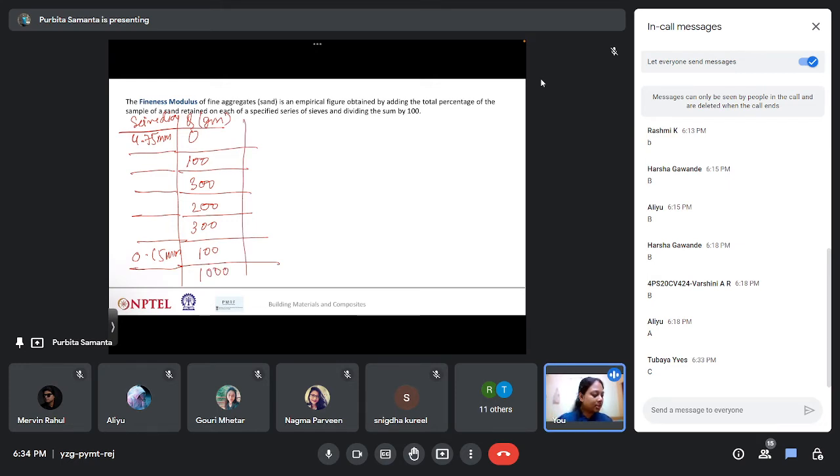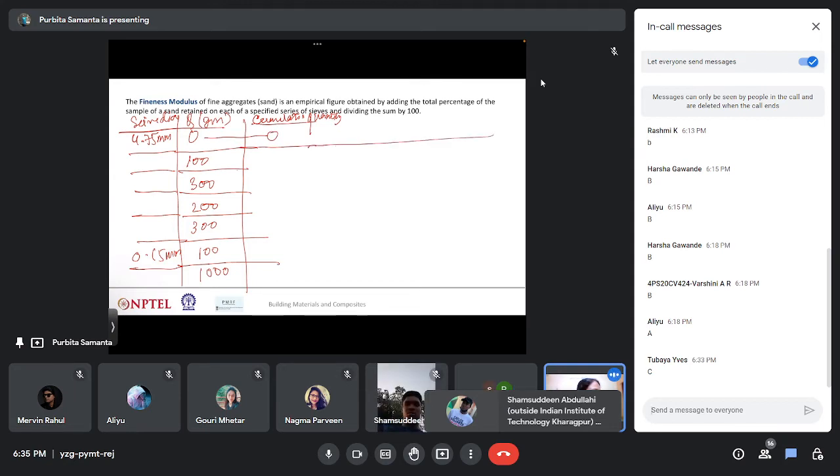So this is done. Now we will find out the cumulative quantity of sand that is retained. Here it will be 0 only.